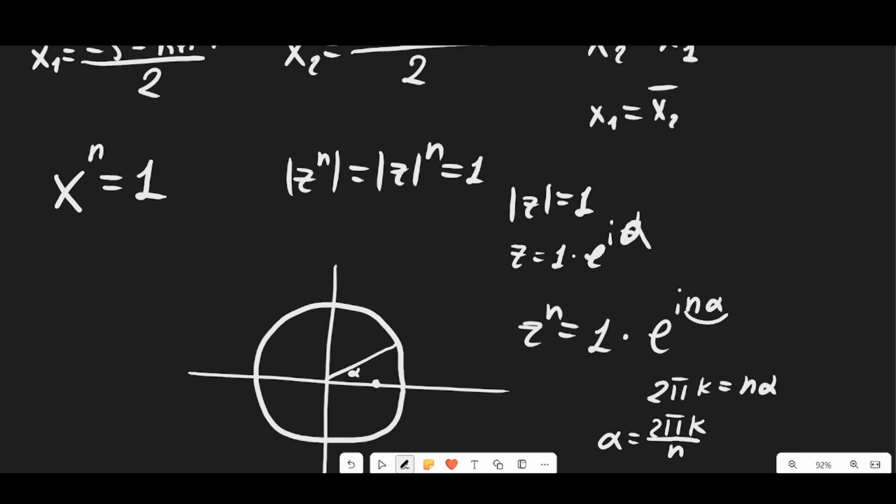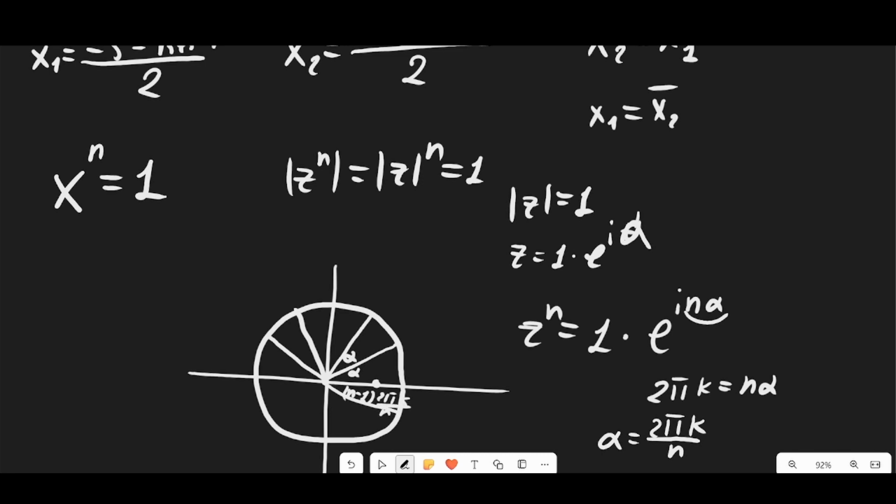And clearly we can see that all these roots can be generated if we take alpha, 2 times alpha, 3 times alpha, 4 times alpha, and so on. And the last step would be n minus 1 times 2 pi over n.